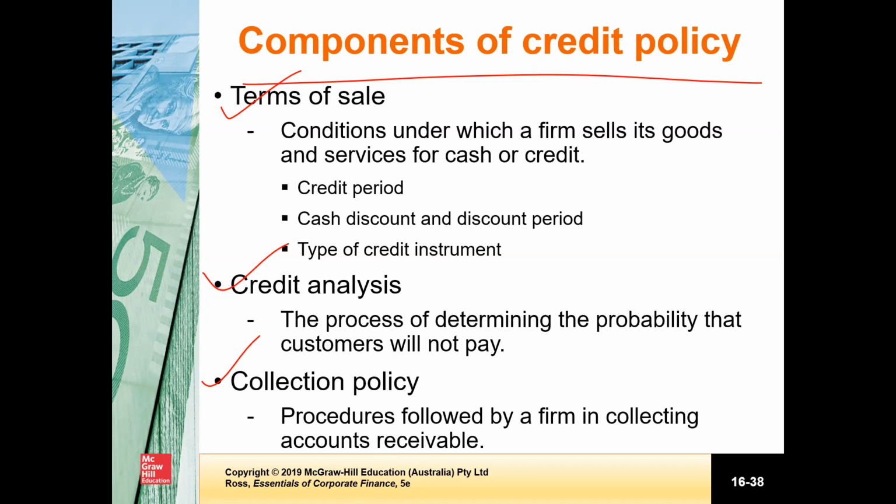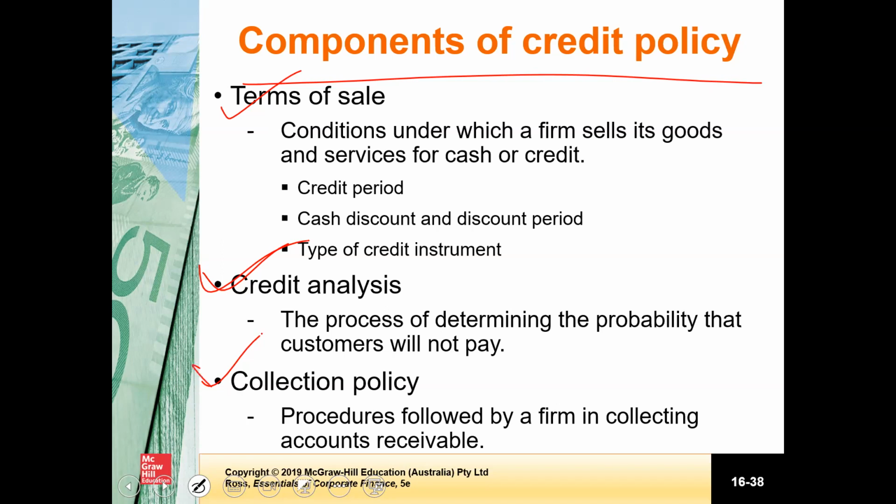Then credit analysis. In granting credit, a firm determines how much effort to expend trying to distinguish between customers who will pay and customers who won't. Firms use a number of devices and procedures to determine the probability that customers will not pay, and put together, these are called credit analysis.